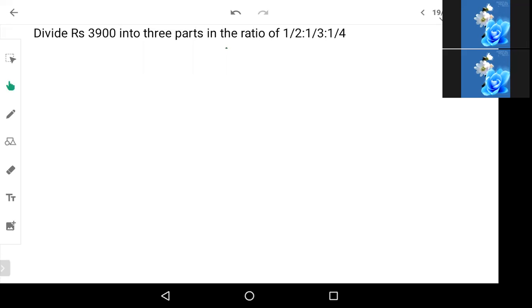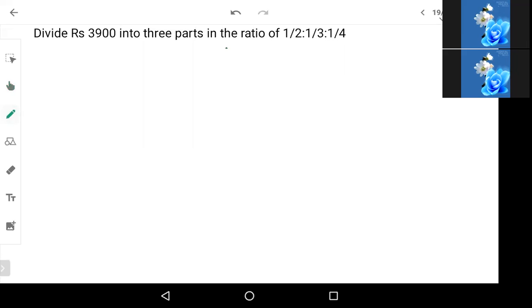So first, like how we did for the greater ratios, we took LCM and we converted, right? Like that, we will convert these uneven ratios into proper even ratios, and then we will solve the problem.